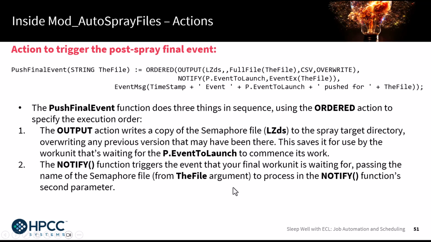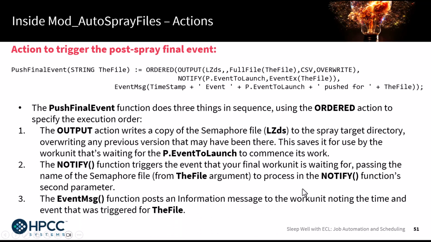Next, we have the notify function, which triggers the event that your final work unit is waiting for, passing the name of the semaphore file from the file argument to process in the notify function's second parameter. And third, we have the event message function, once again wrapped in ordered, that posts the information message to the actual work unit, noting the time and event that was triggered for the file.